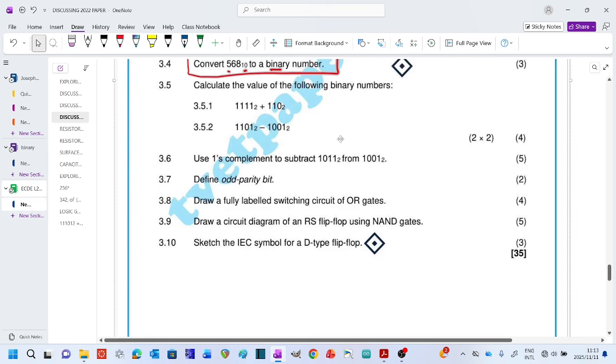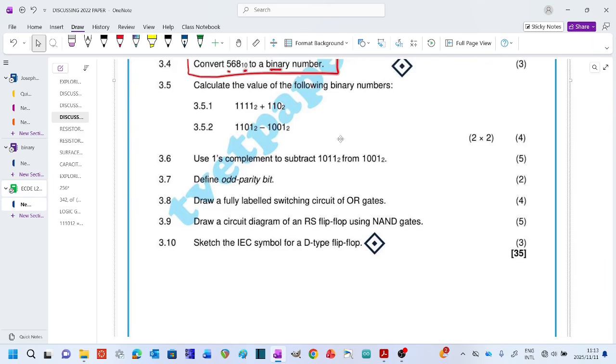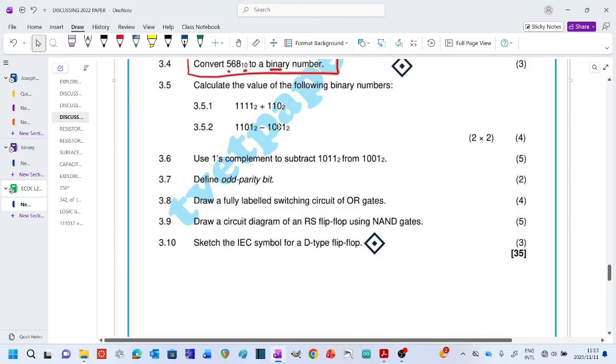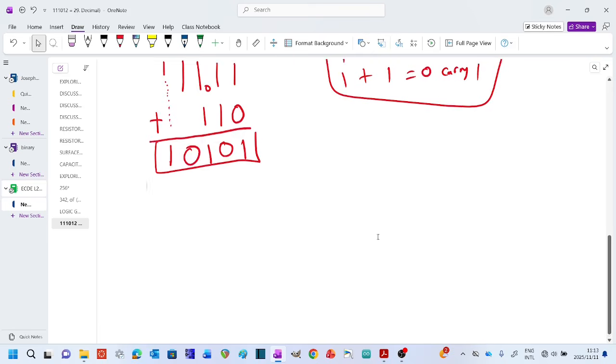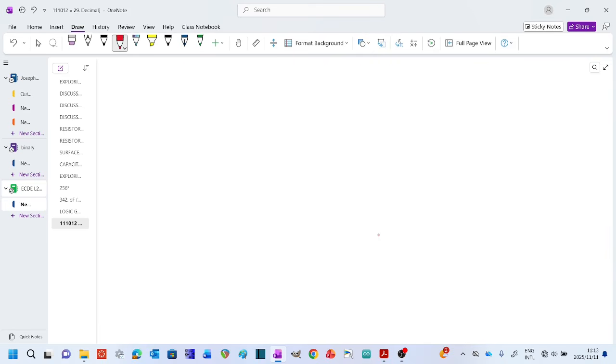Now we have 1101 minus 1001, so let's do that. This is subtraction now: 1101 base 2 minus 01001 base 2.